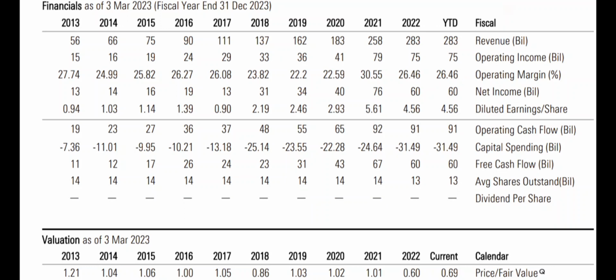And if we take a look at diluted earnings per share, from 0.94 to 4.56. Let's say round up the 0.94 to 1. So 1 plus 1, that's first double, 2.